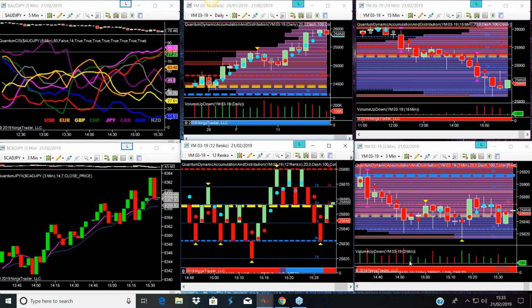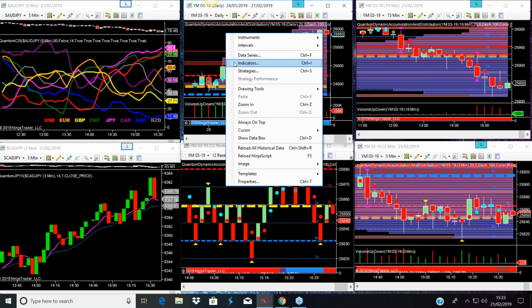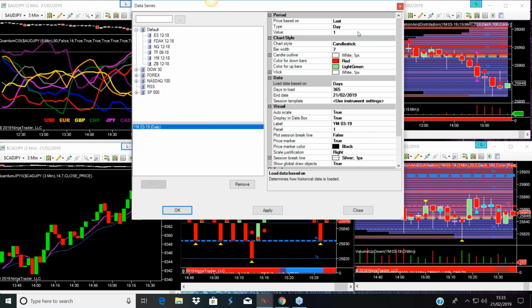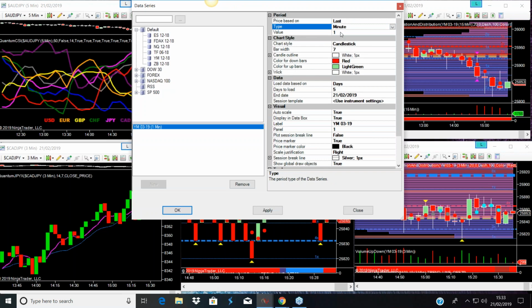Now, what I also have on this workspace is the 15-minute chart for some context. And let me change this to minutes, because this is Globex. What is a very good idea, I think, is to change it to a 480, which is an 8-hour chart.